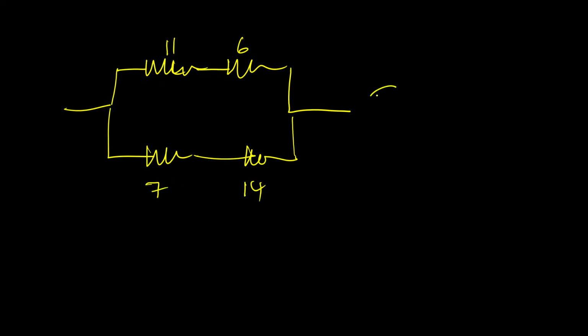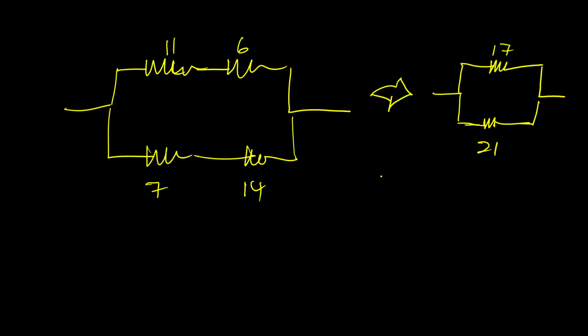Then first you have to make this circuit shorter. Upper ones are series. Here also series. Series and series can be added, no? 11 plus 6, 17. Bottom one is 7 plus 14, 21.